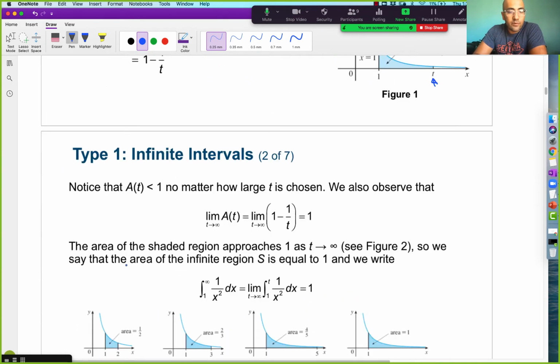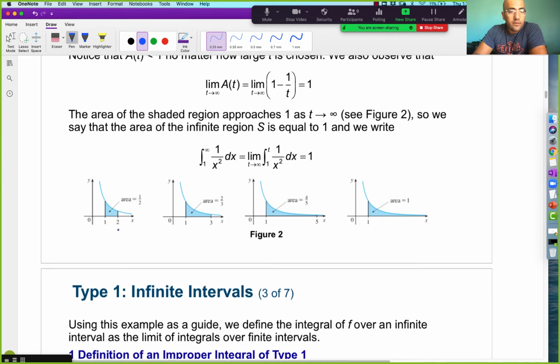Here are some examples of what that area would be. If t is 2, then this is going to end up being 1 minus 1 over 2, which equals 1/2. When t equals 3, we end up with 1 minus 1 over 3, which is equal to 2/3.